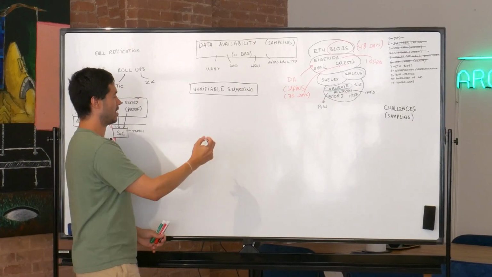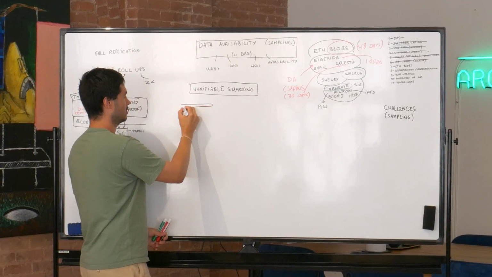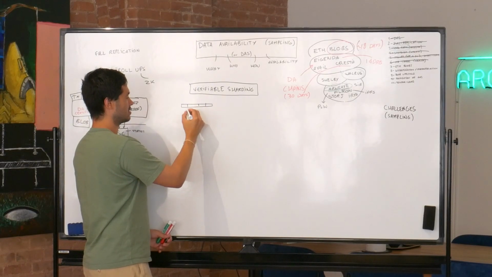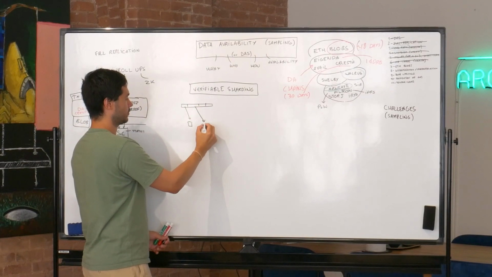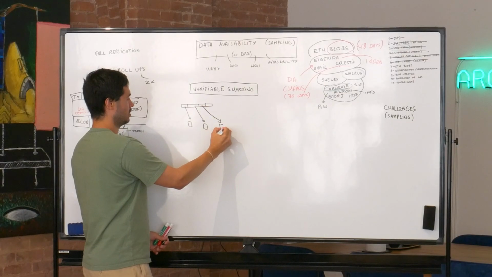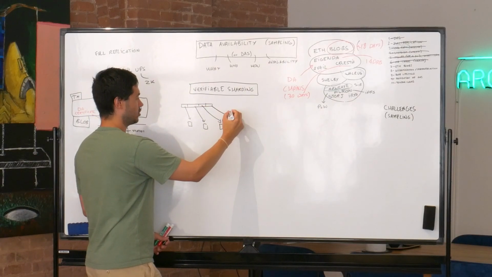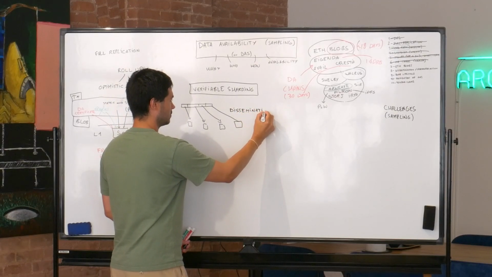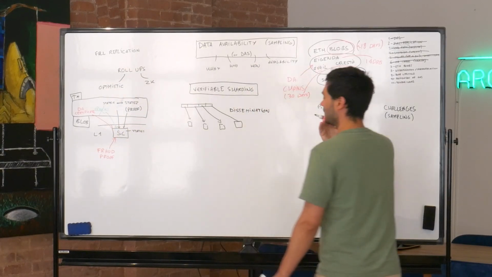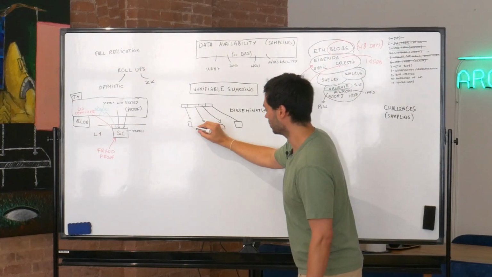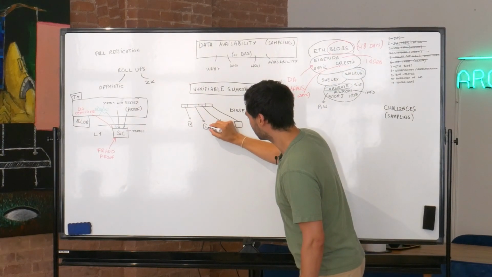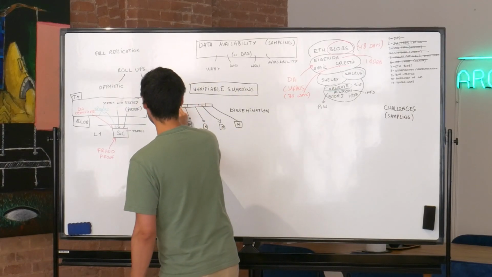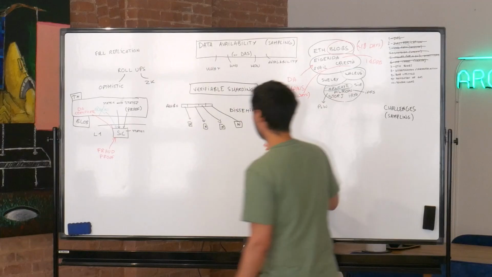I'll draw it, but basically these blobs, you can imagine them as blobs of data like that. You cut them in pieces, and then you send these pieces to different people. This is called dissemination. Once the data is disseminated, these are nodes, and this is your blob, your data.